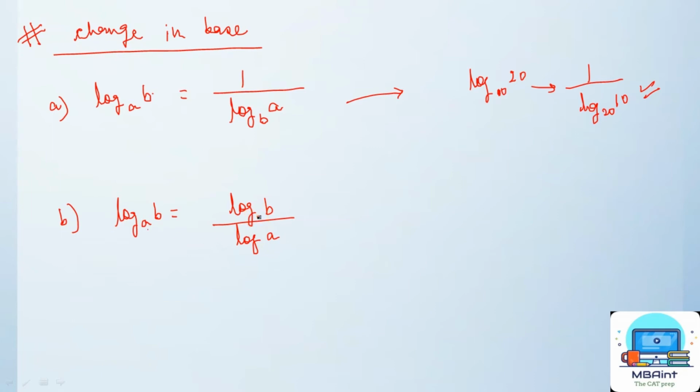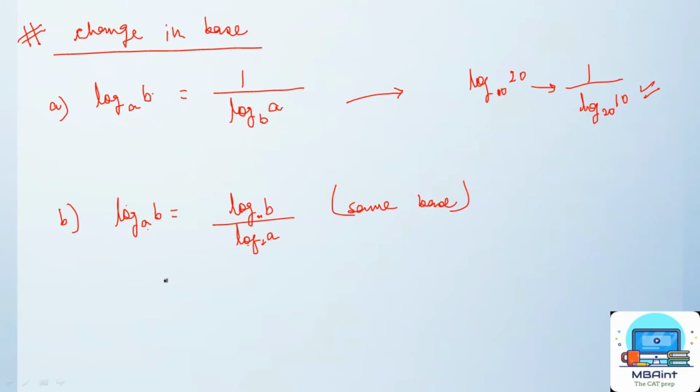If you remember, we did this in the first video. So this is only possible if I take the common base, like 10. I'll repeat it again: if there's a log with base a and value b, you can always write it as log b upon log a, assuming that both of them have the same base.